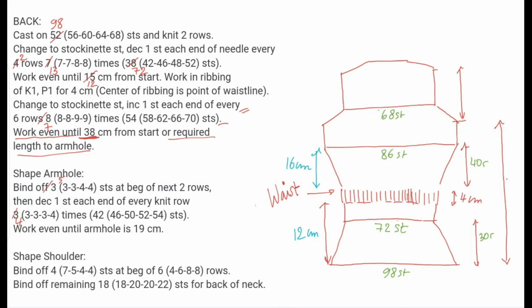And this will leave us with 68 stitches. And then we want to work even until the armhole is 19 centimeters, or again, double check on you, see how high the armhole needs to be. So 19 centimeters or required length.